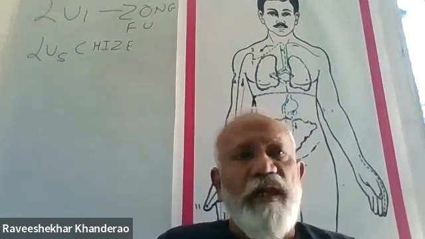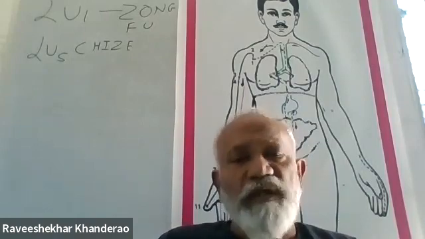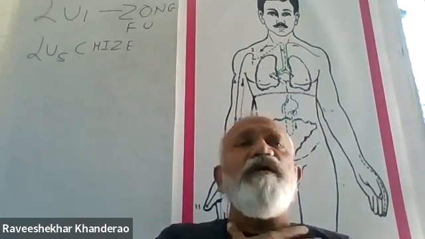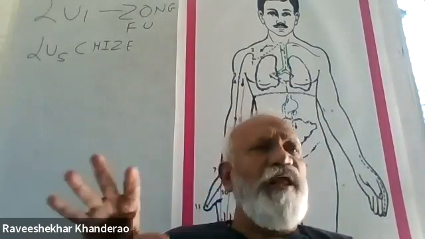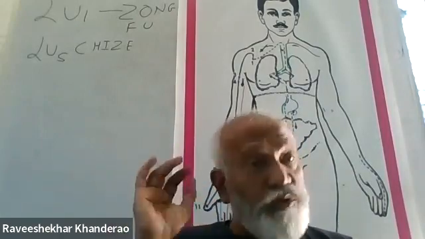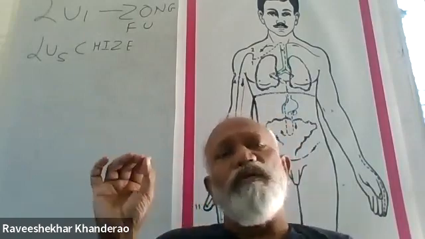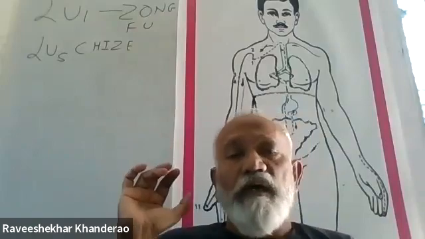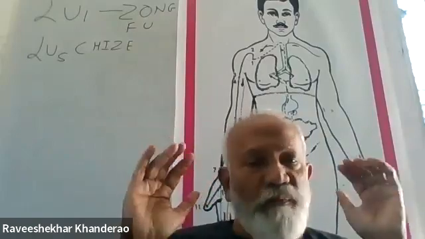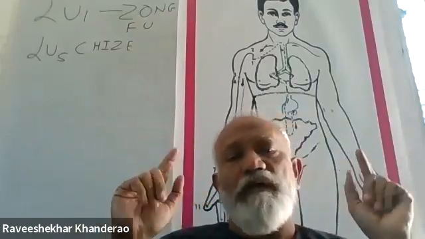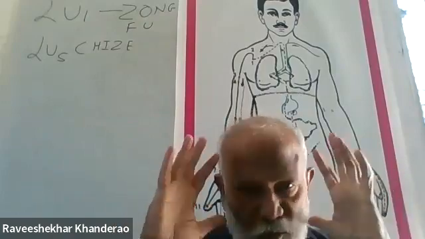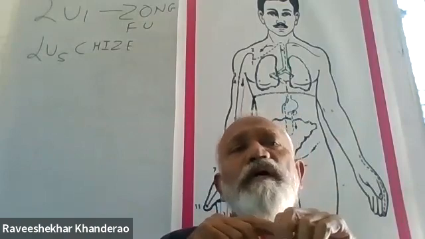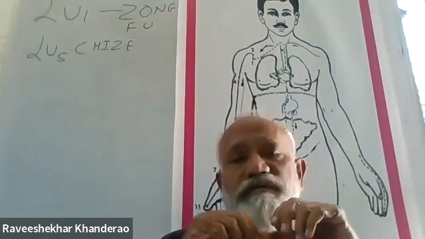Function: it regulates the lung chi, promotes the descending of chi, and clears lung flame and congestion; if you want to clear that, we use this point. Okay. It cools the blood, and it also stops bleeding of the hemorrhoids.